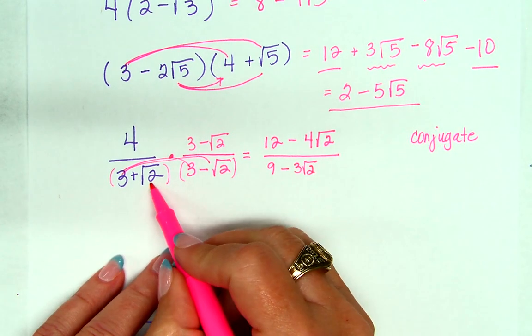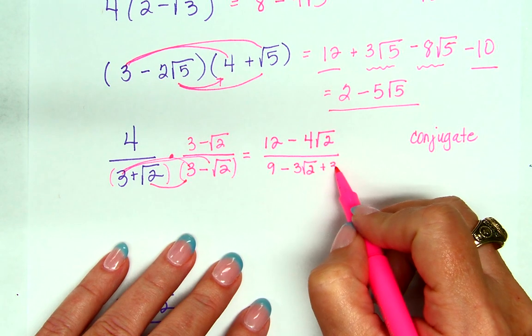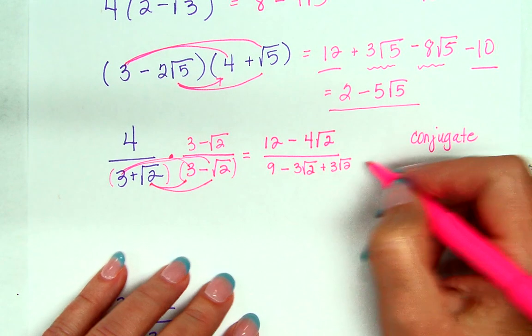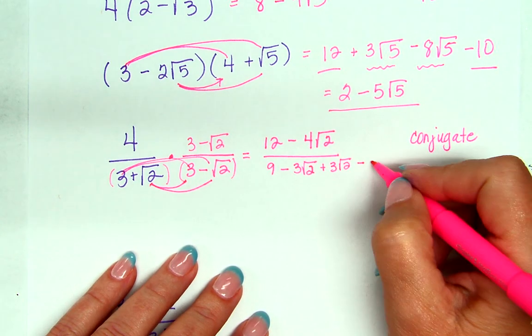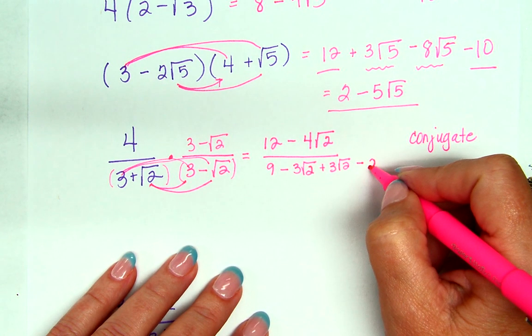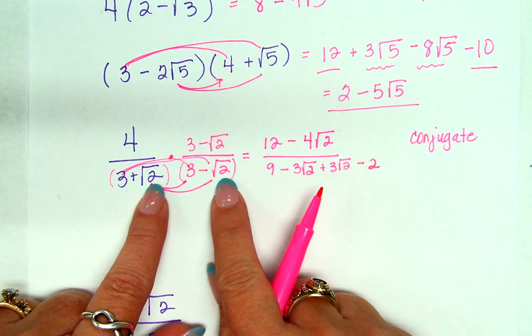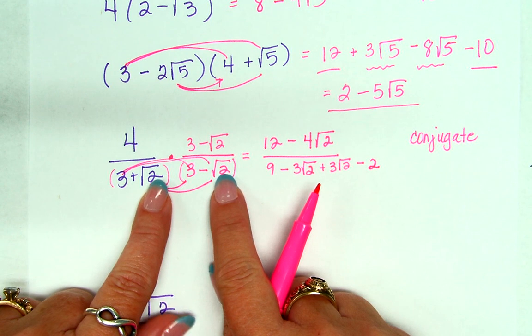What is root 2 times 3? 3 root 2. And what is root 2 times negative root 2? It would be negative root 4, right? Because 2 times 2 is 4. And what is root 4? 2.